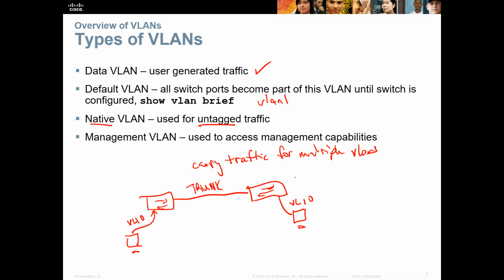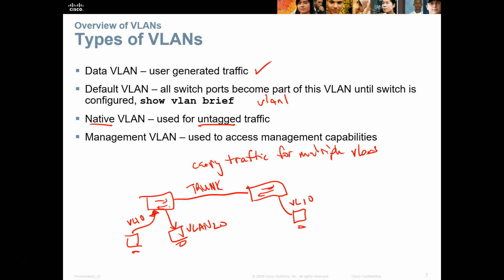The only way they can differentiate between traffic from one VLAN to another is to mark it in some way. So as soon as this frame enters here, the switch will not allow it to pass out, or it cannot be passed out any of these other VLANs. So let's say this is VLAN 20. The only way it could get to VLAN 20 is if it was routed into that other subnet.